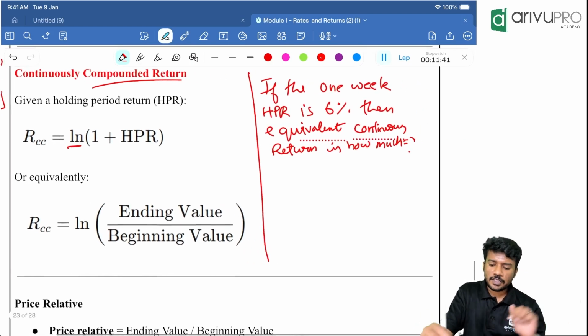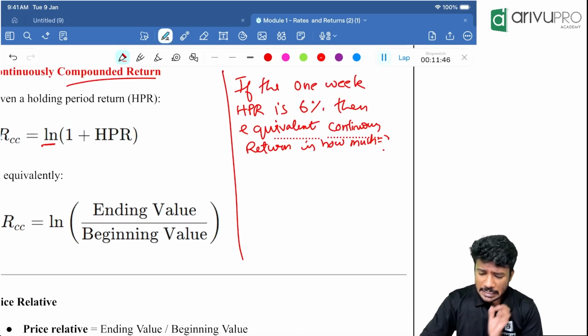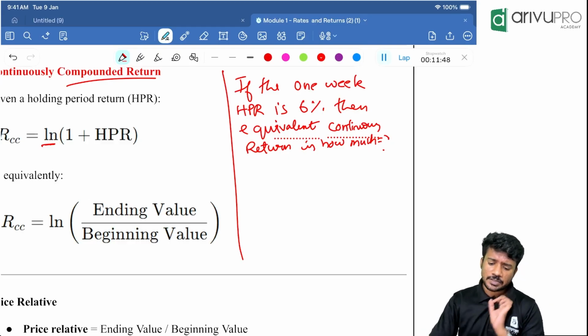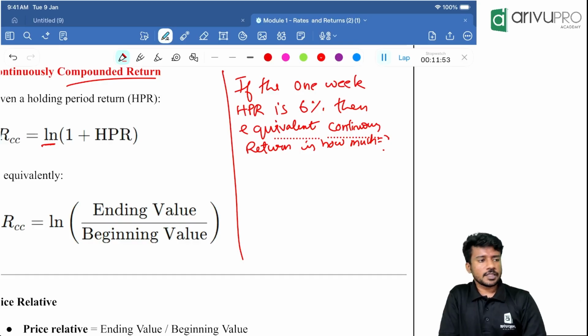Okay, if 1 week holding period return is 6%, then what is the equivalent continuous return? That is the question. How to get the answer, people?